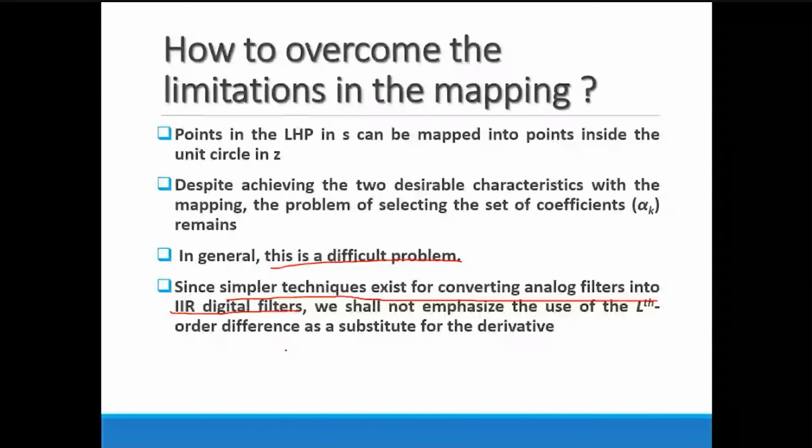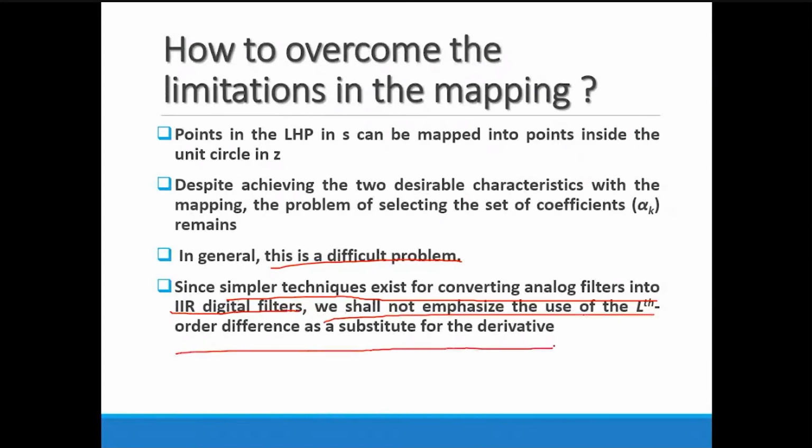So here we shall not emphasize the use of the Lth order difference as a substitute for the derivative, as simpler solutions are already available.